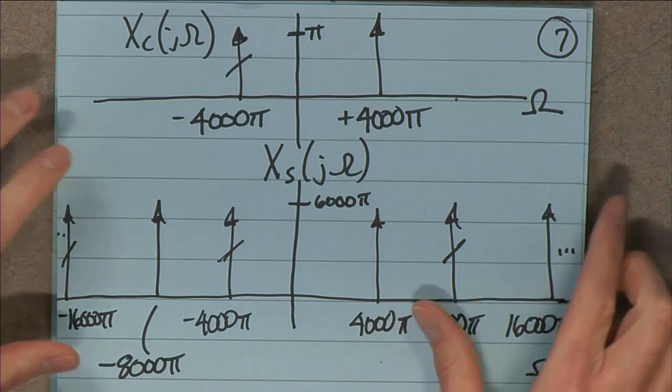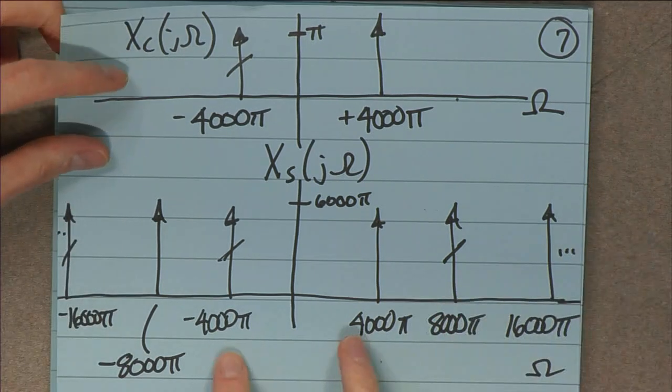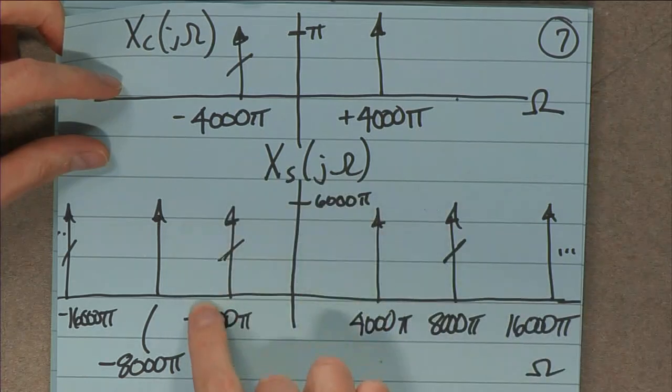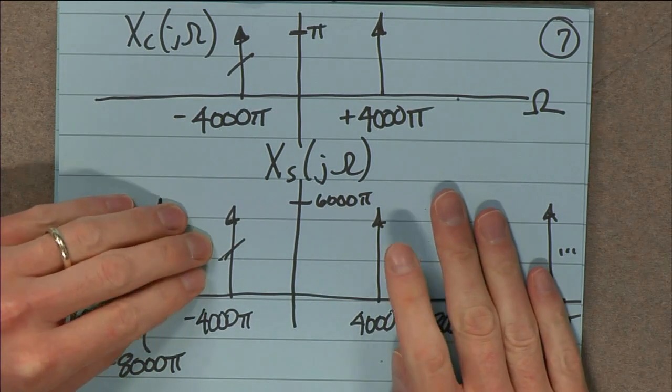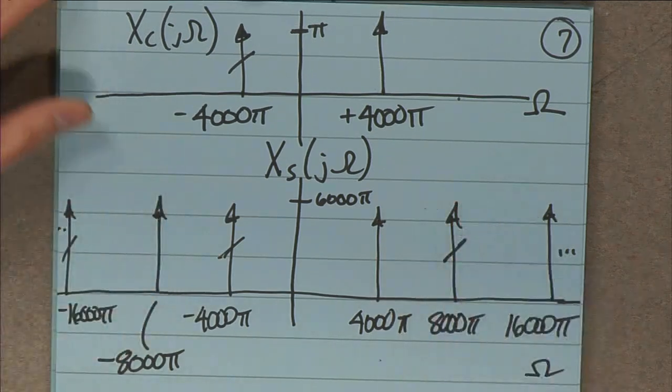So to do that, we need some kind of low-pass reconstruction filter, which, as a selective frequency filter, will pass these components and attenuate the others. So that's where we're headed.